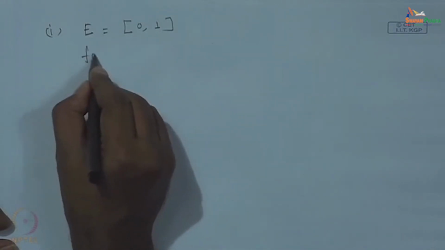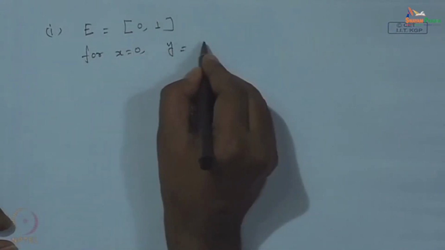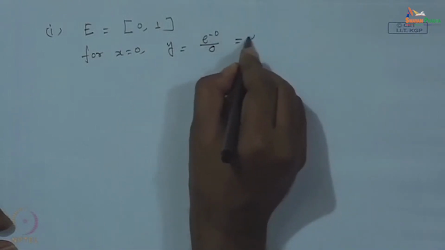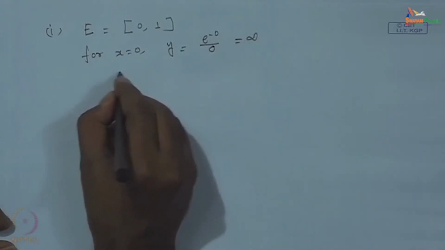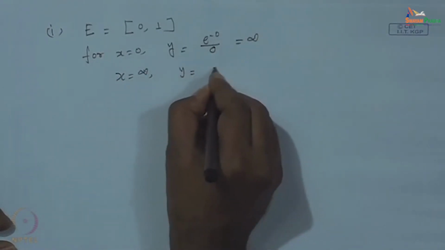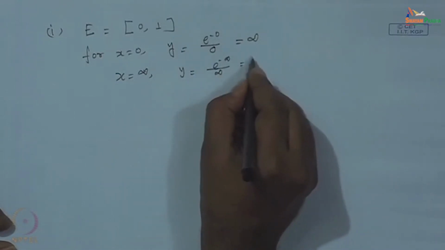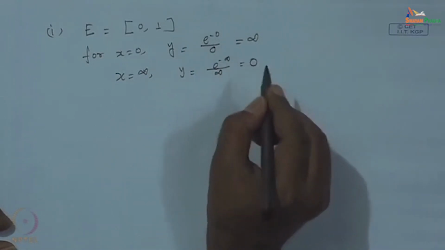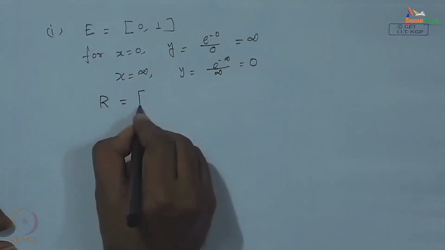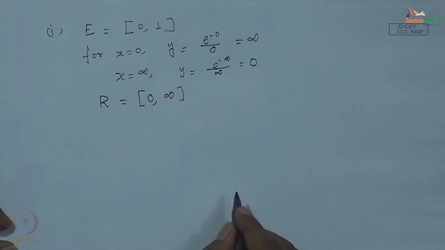Therefore, for x equal to 0, y is e to the power minus 0 divided by 0, so it is infinity. For x equal to infinity, y is e to the power minus infinity divided by infinity, so it will be a very small number, that is 0. So, the range of y is a set lying between 0 and infinity.